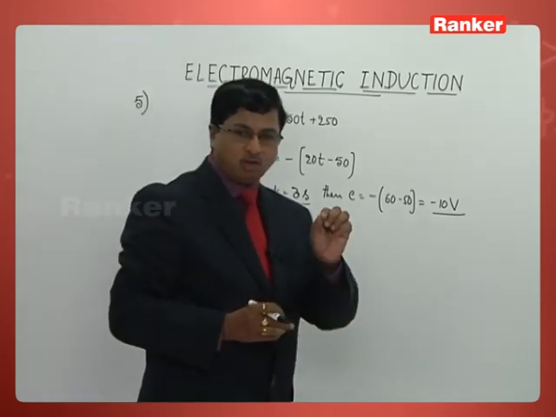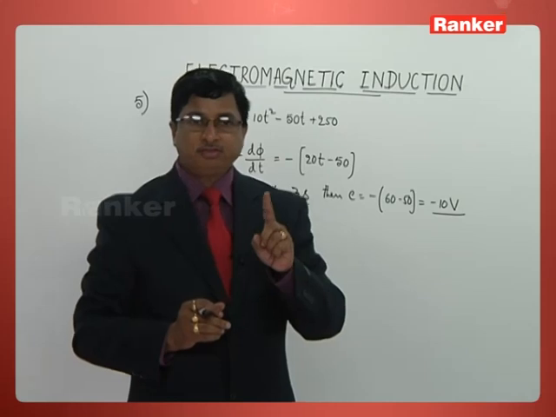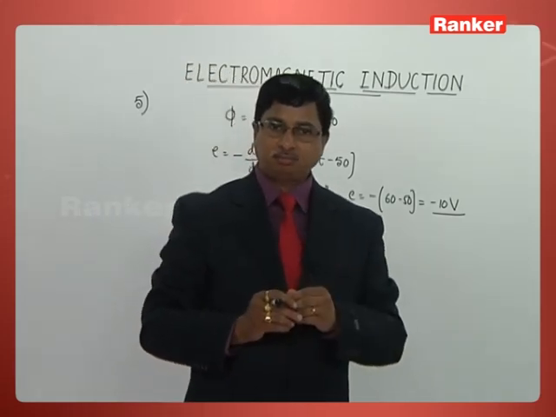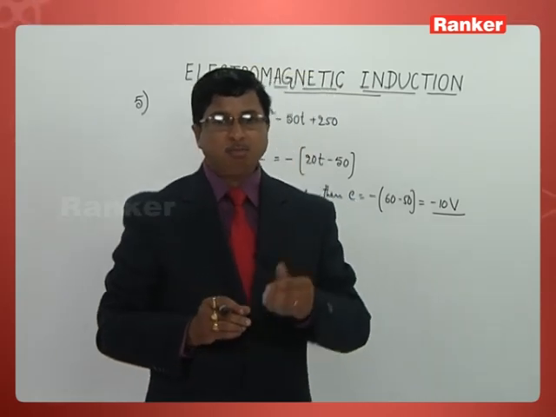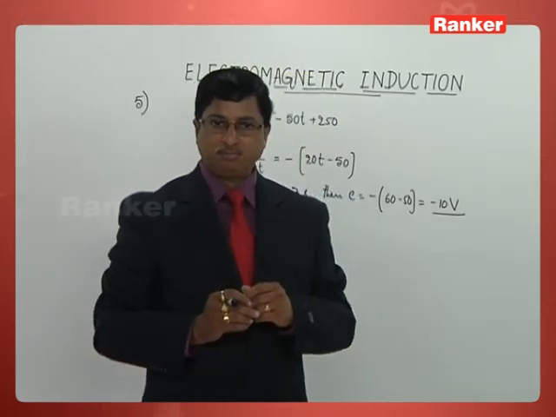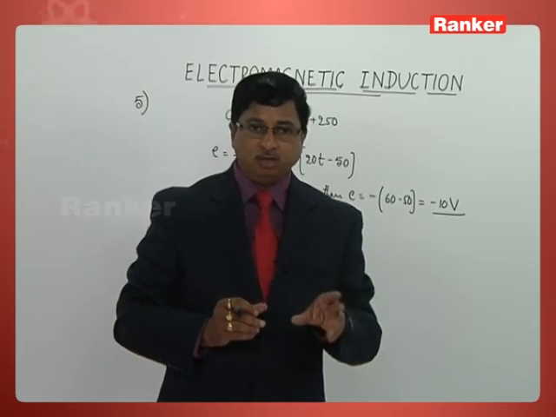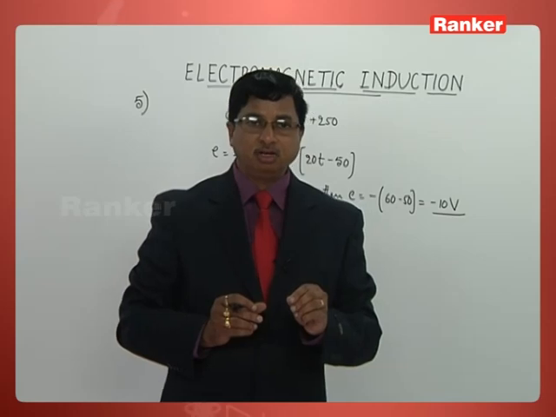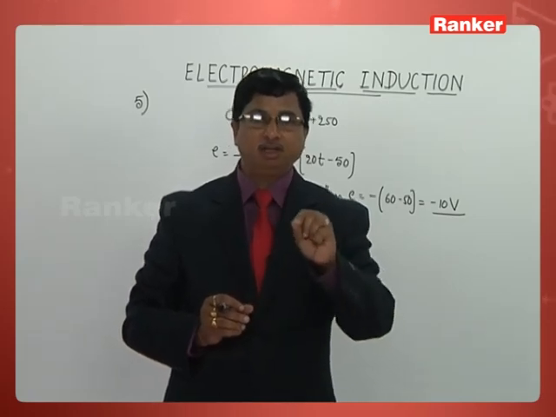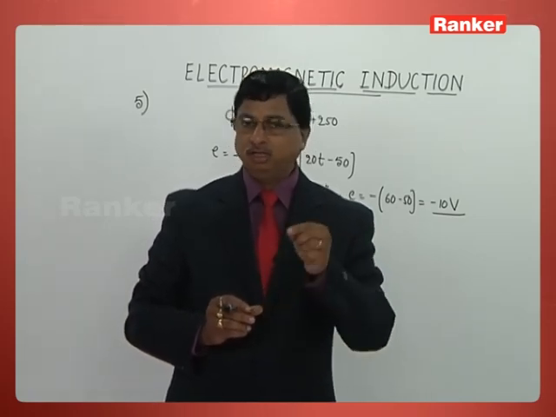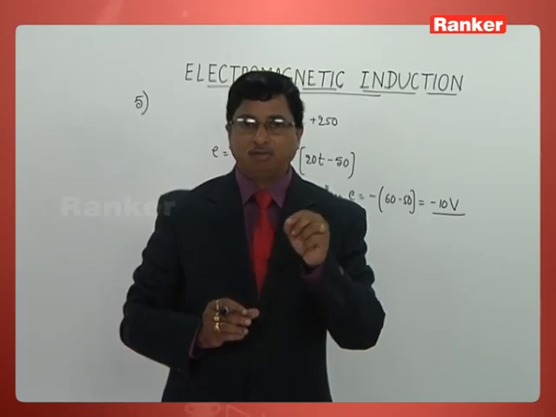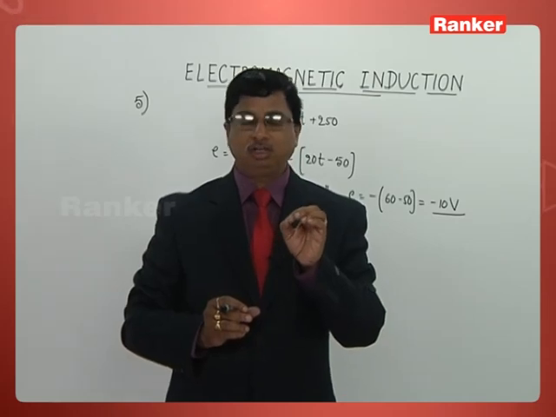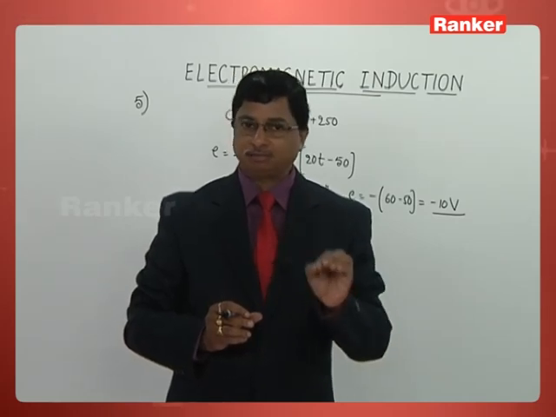If you look at the options given, first option is minus 190 volt. Second option is minus 10 volt. Third option is plus 10 volt. And fourth option is plus 190 volt. So by this time, all of you might have understood the point to be taken care of.